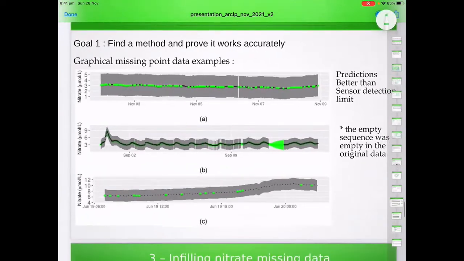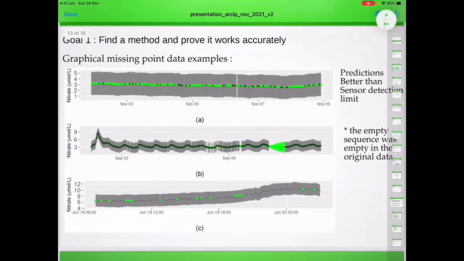This is on the Macquarie site, and the gray shade is in fact the sensor detection limit. You don't see the prediction interval around our prediction because it's very, very narrow, which means it is very, very accurate.